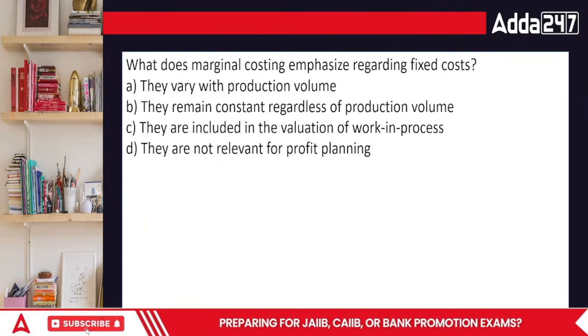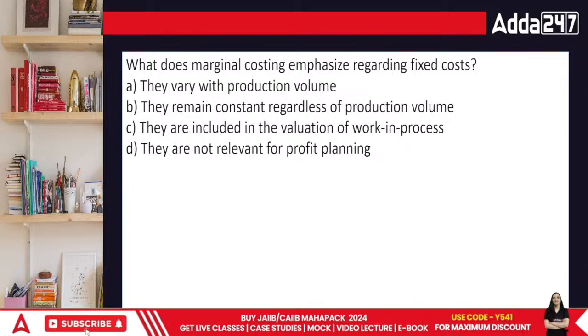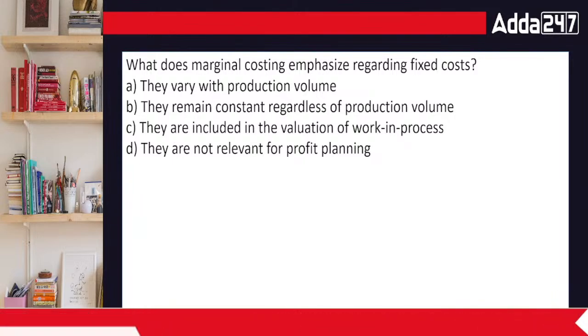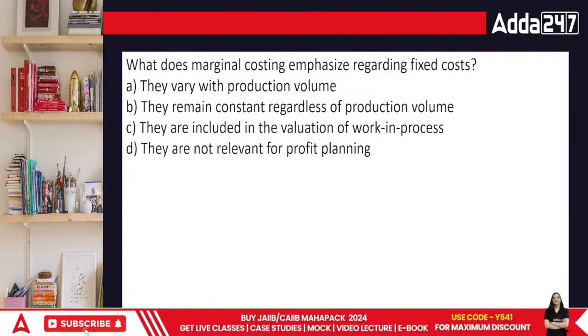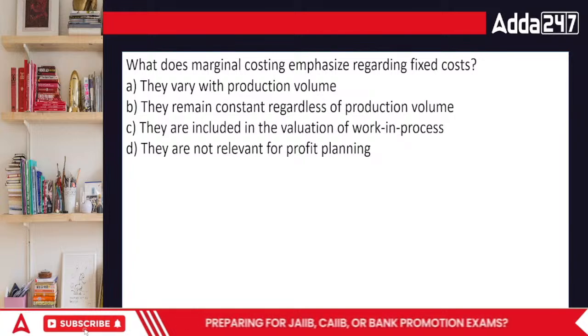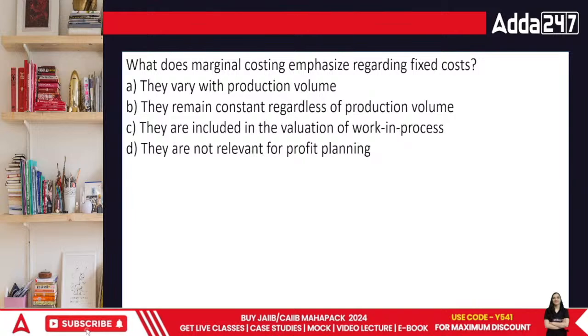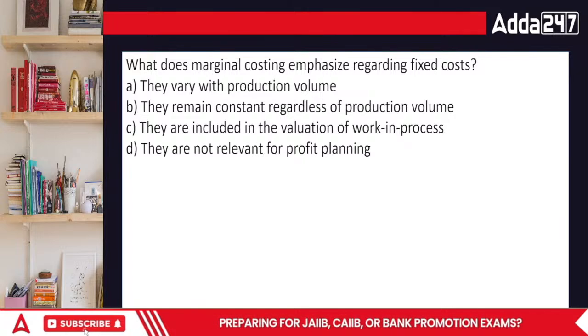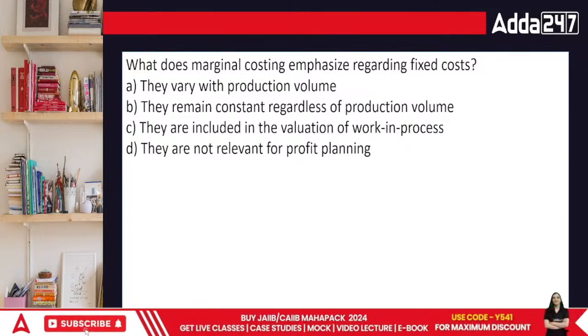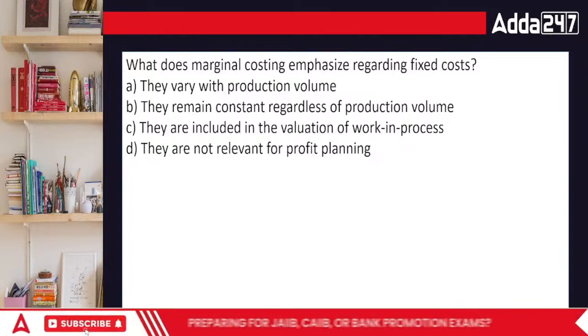What does the marginal cost emphasize regarding the fixed cost, everyone? They vary with production volume. Nope. Fixed cost remains the same. If the factory rent is 1 lakh rupees per month, it remains 1 lakh no matter what we do. It remains constant regardless of production. They are included in the work in progress. We don't include it in the WIP overall. The next point is the last one: they are not relevant for profit planning. They are. How can we forget about the rent that we have to pay? We cannot cry about the fact that, oh, I forgot to include that 1 lakh rupees that we have to pay.